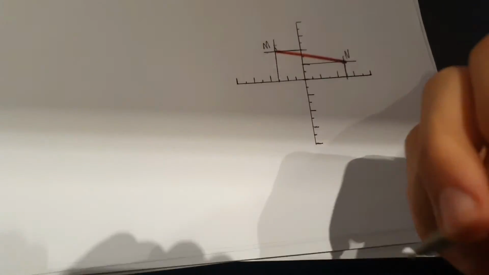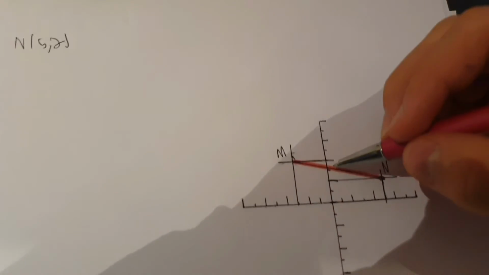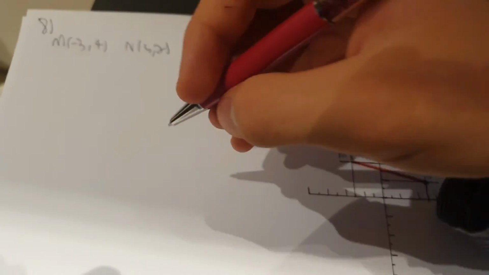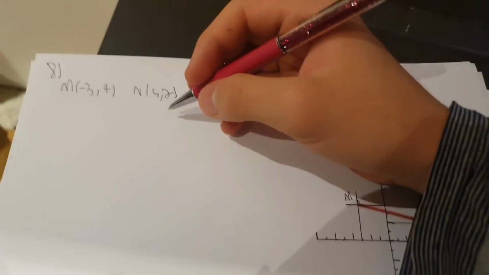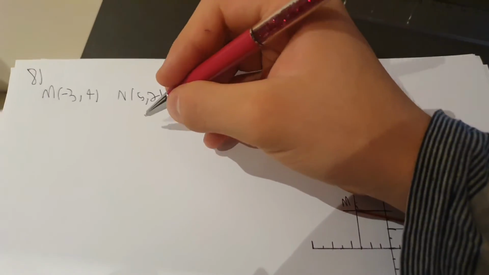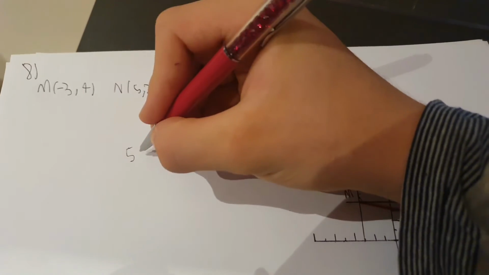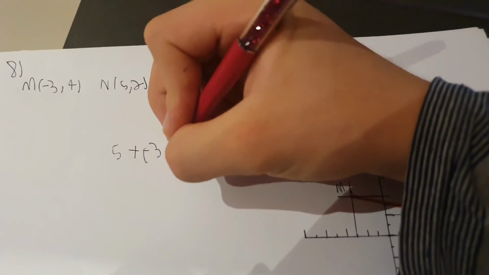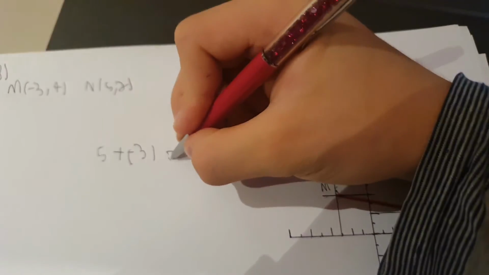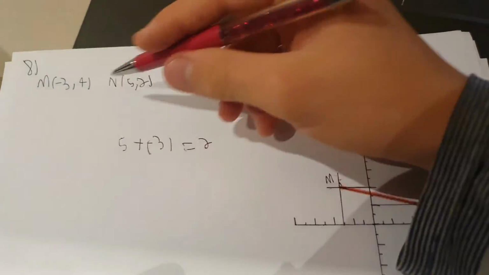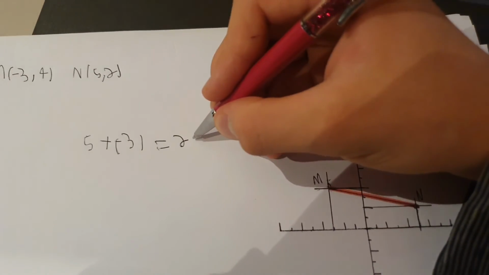So now we have to find where the bisector is going to be. First, let's find its coordinates. To find the coordinates of the midpoint for the perpendicular bisector, we add this plus the other one, which is -3. This is going to be just 2. And then, after adding the x-coordinates, we divide it by 2.